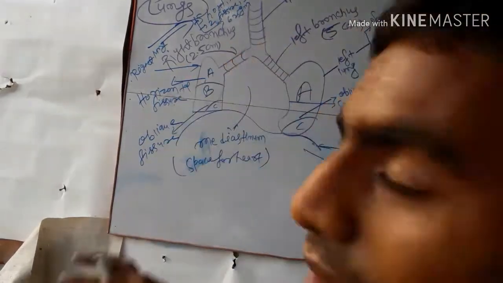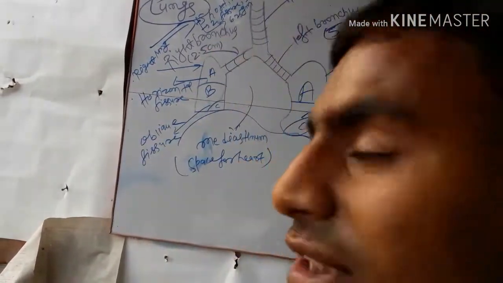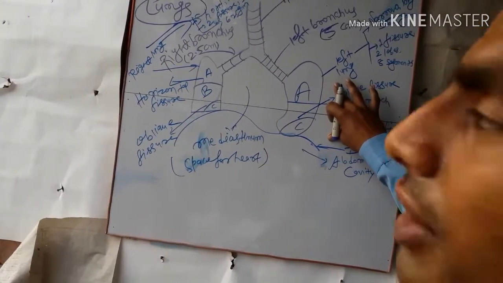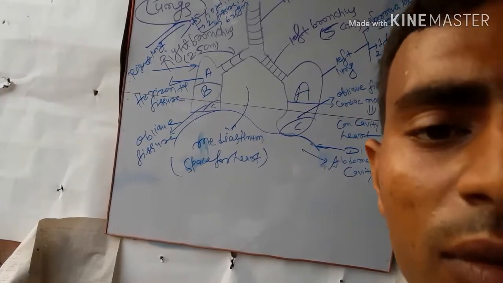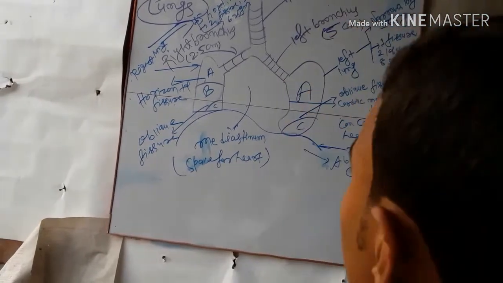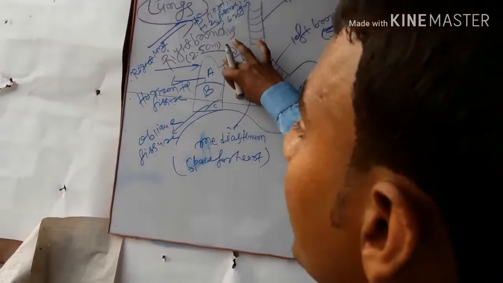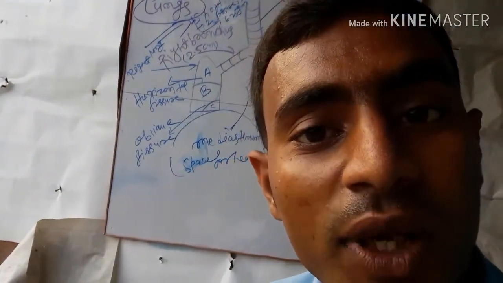The right lung weighs 625 grams and the left lung weighs 565 grams.